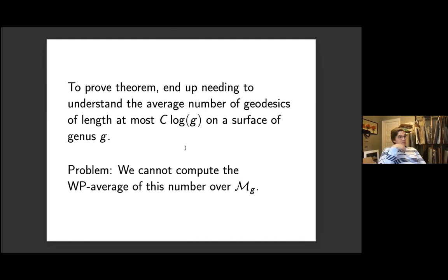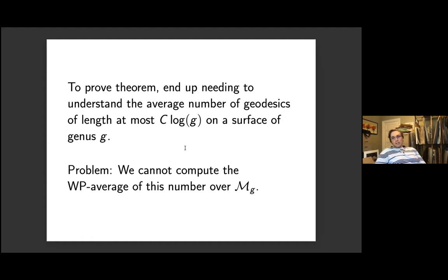So what you get out of the Selberg trace formula after you analyze it is you end up needing to understand the average number of geodesics, the Weil-Petersen average of the number of geodesics of length at most log g, averaged with respect to the Weil-Petersen measure over the moduli space of genus g surfaces.